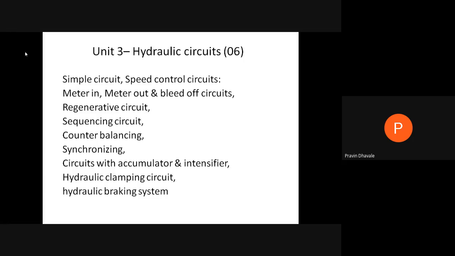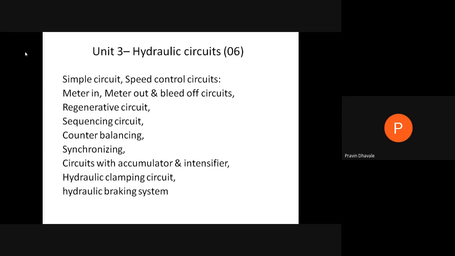It may consist of pumps, filters, pressure controlling valves, direction controlling valves, flow control valves, pressure measuring devices, flow measuring devices, temperature measuring devices, and at last the actuators like cylinders and motors, right?